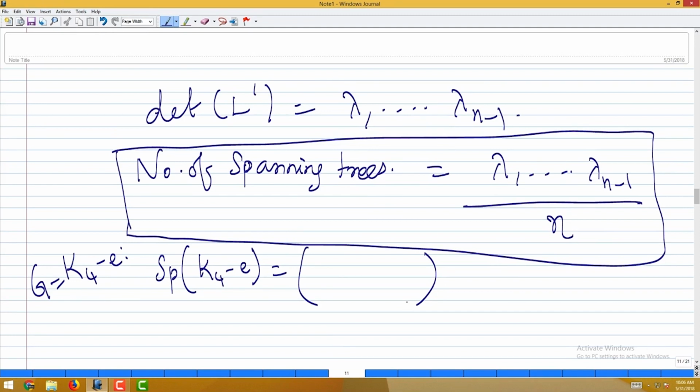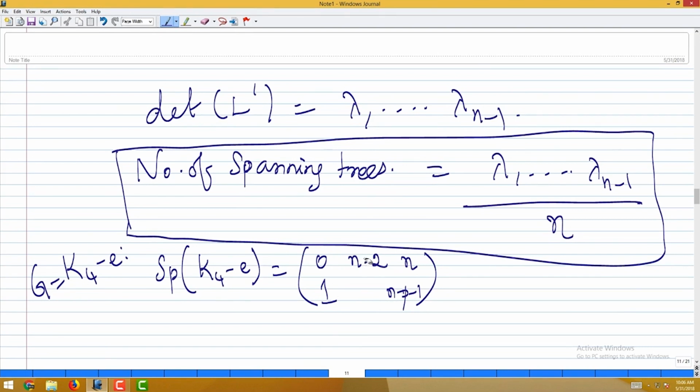If I remove p edges at a time, then we had in general 0, 1, and we had n minus 2 occurring p times, and n occurring remaining number of times, n minus p minus 1, if we had taken p edges. So, now we are only removing one edge from K 4.